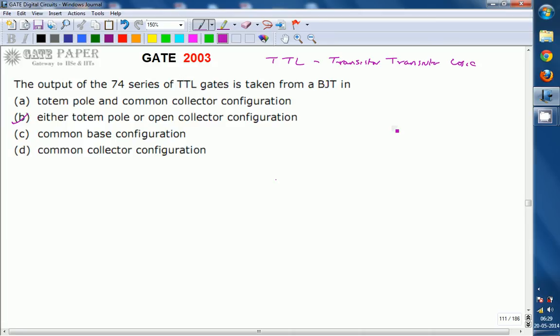Now, in the 74 series there are two series, 54 and 74. 54 is for military purposes, whereas 74 is for general purposes. The configuration is the same whether it is 74 or 54.